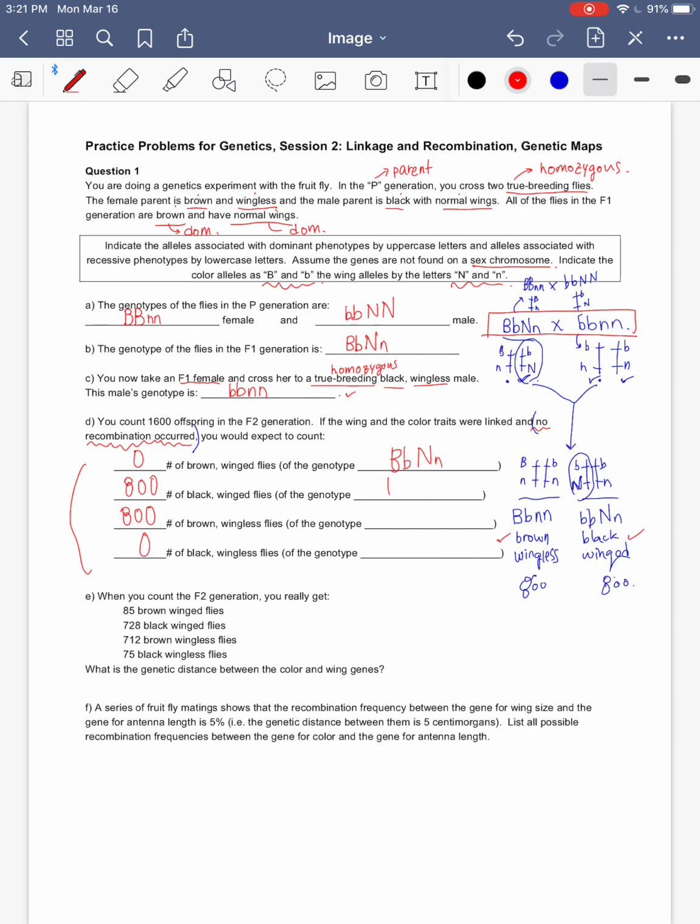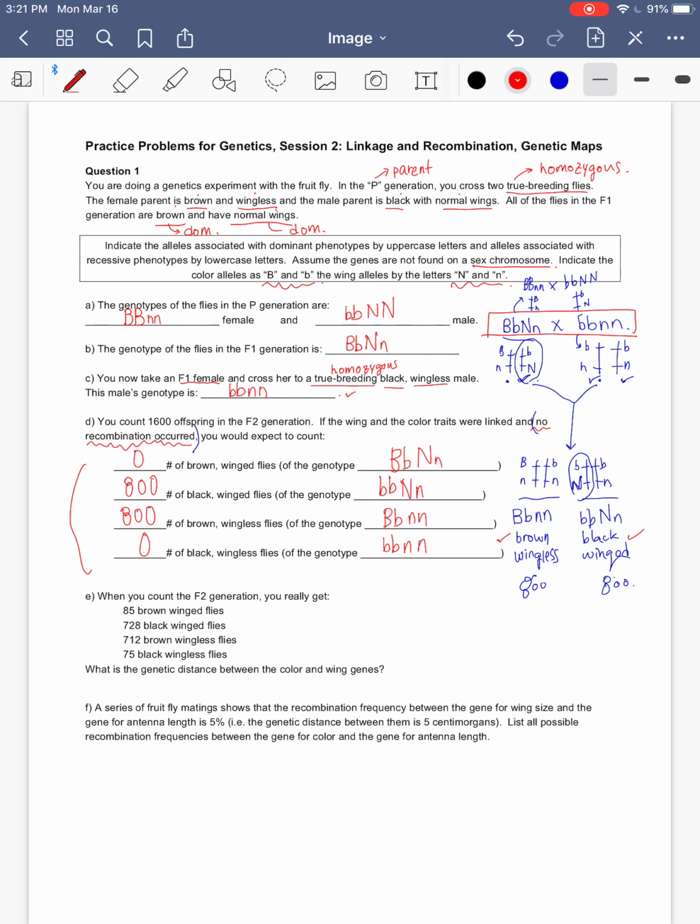And for black winged, it would be homozygous recessive for color, then heterozygous for wing. Brown wingless would be this, and black wingless would be this. Okay, so this is if no recombination occurred.